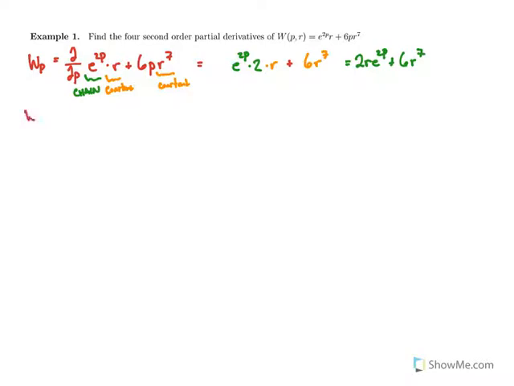Now let's find w sub r. That's the partial with respect to r. And in this case, the e to the 2p and the 6p are constants.